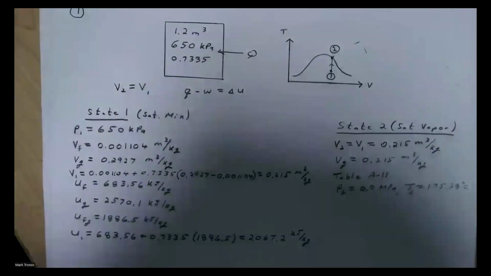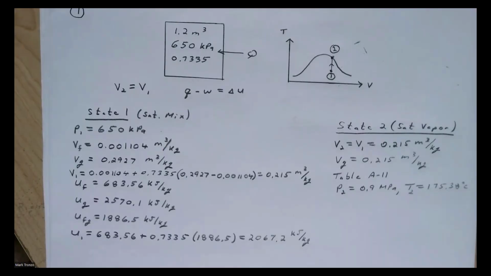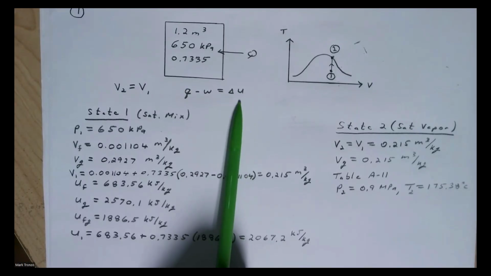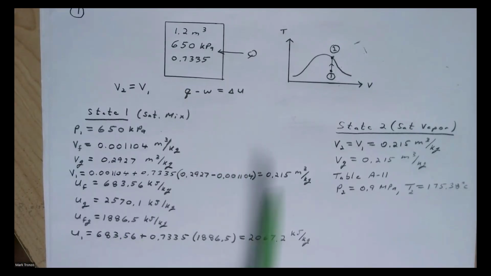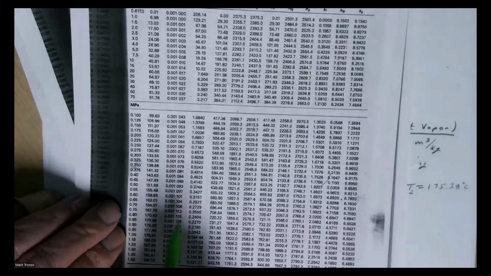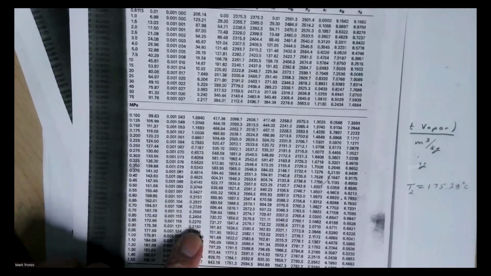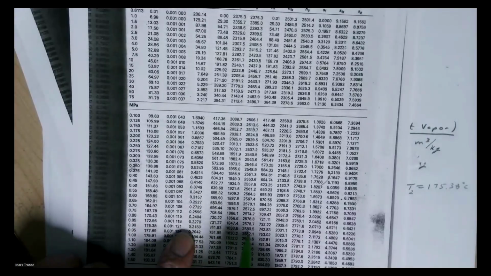But let's think to ourselves, what do we actually need from that table? Now, if you look back up here, we're going to need the change in internal energy. And so we have U1, so we're going to have to find U2. So we know the row to look at, right? Because we found the row that had our VG at 0.215, then we can look there and find our internal energy.